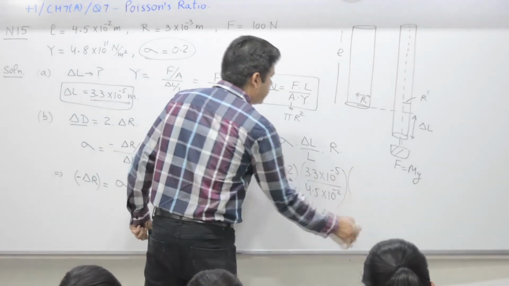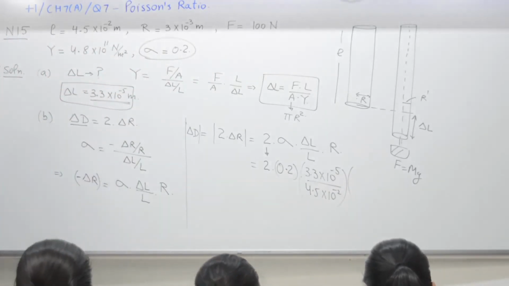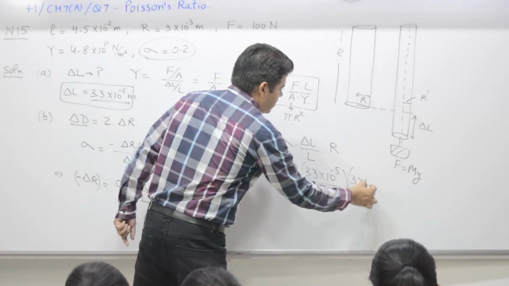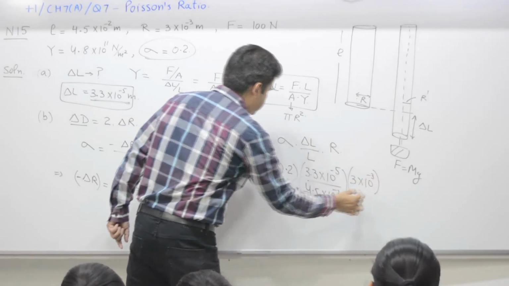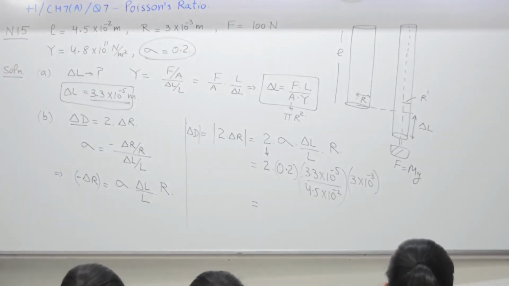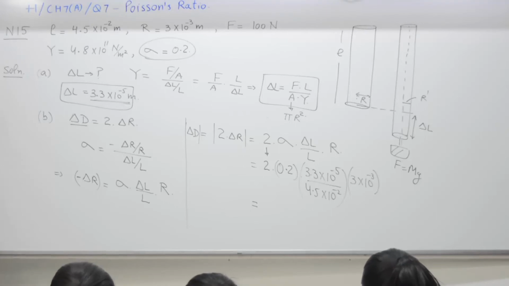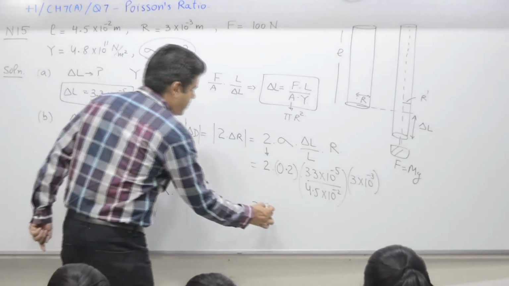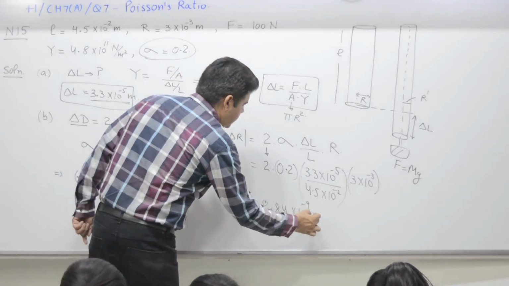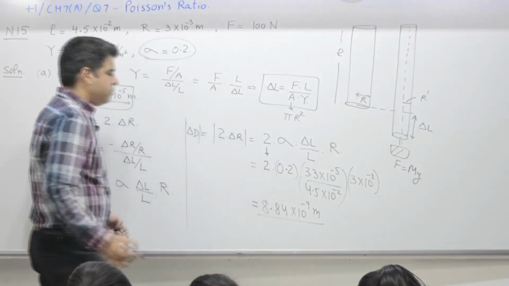Radius of the wire 3 into 10 raised to the power minus 3. Calculate and confirm that you get 8.84 into 10 raised to the power minus 9 meter. Confirm.